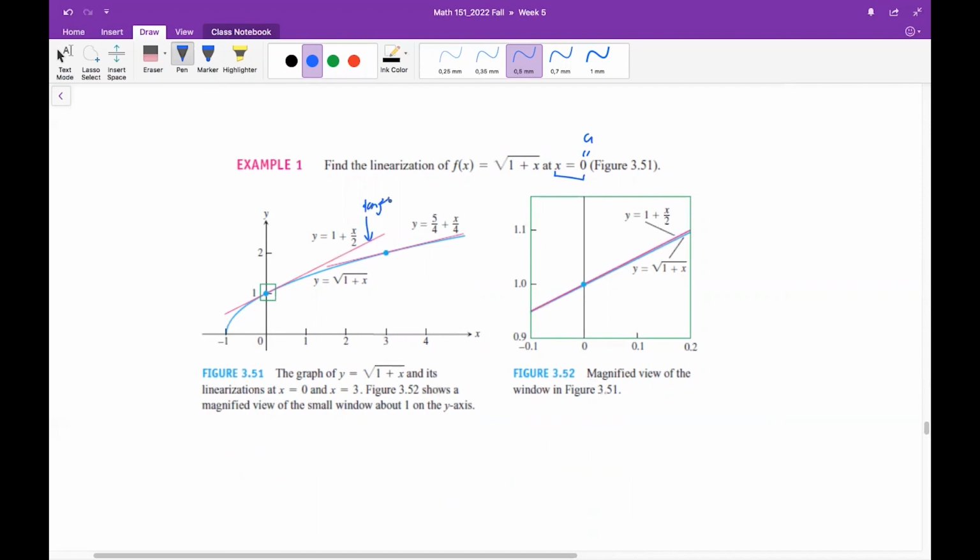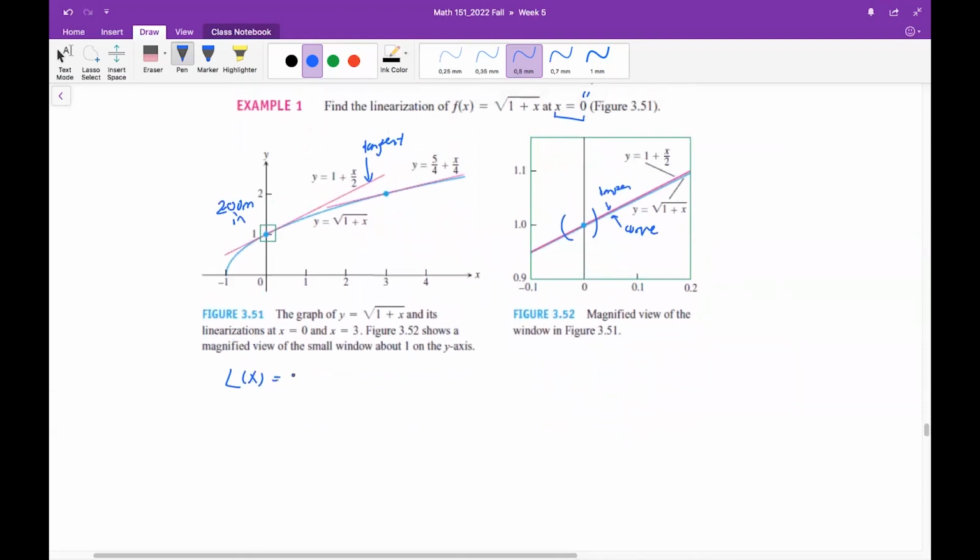If you zoom in to this square, you will see that the pink tangent line and the blue curve are so close to each other around the tangency point. The pink one is the tangent line, the blue one is the original curve, and around the tangency point, the values of them are so close. That's why we are using the linearization values to approximate the original values of the function. So let's create the linearization function for this particular example. The formula for it comes from the values on the tangent line.